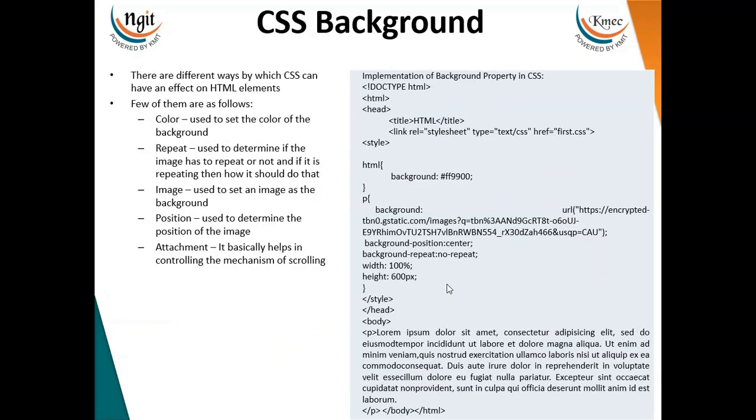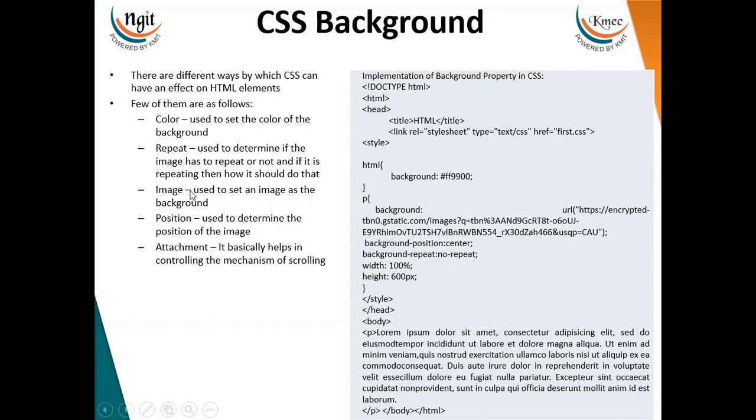And CSS background. There are different ways by which CSS can have an effect on the HTML elements. A few of them are color, repeat, image, position, and attachment. Color is used to set the color of the background. Repeat is used to determine if the image has to be repeated or not, and if it is repeating, how it should do that.